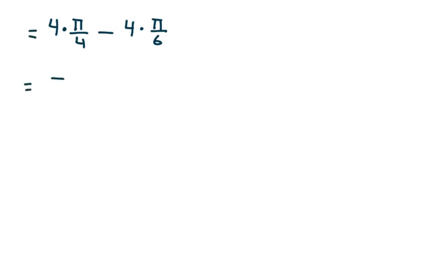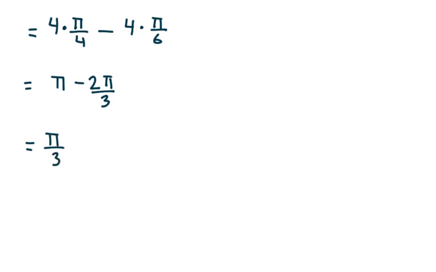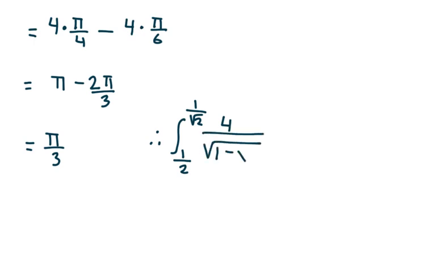So this is pi minus 2 pi over 3, which is equal to pi over 3. Therefore, the integral from 1/2 to 1 over square root of 2 of 4 over the square root of 1 minus x squared dx is pi over 3.